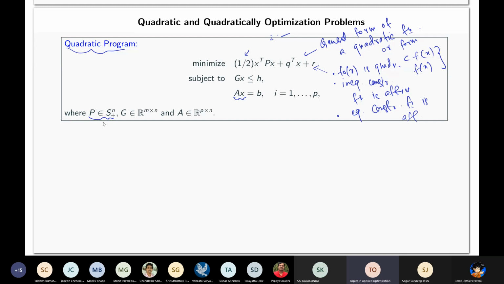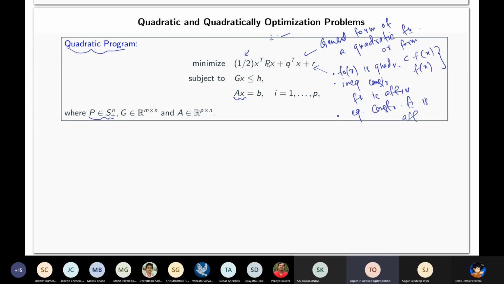Furthermore, we are also asking for P to be positive semi-definite. Remember, there was an example we did in class that if you drop this restriction, then the objective will not remain convex.